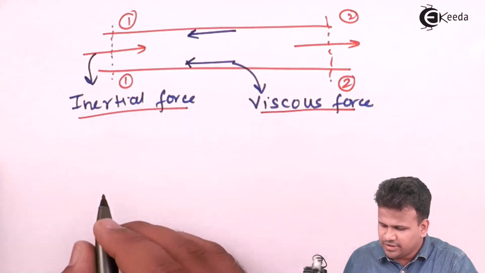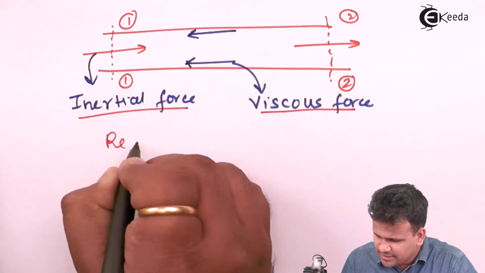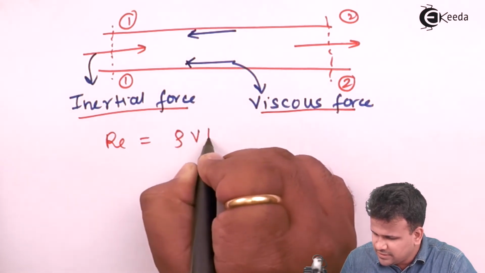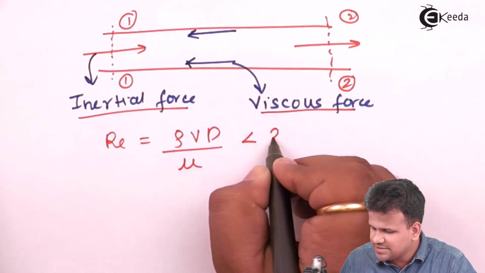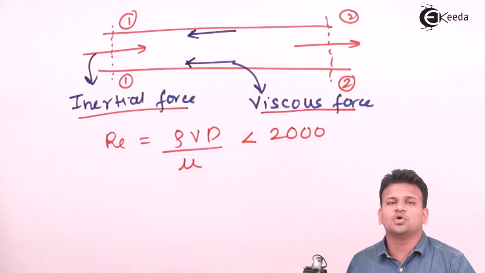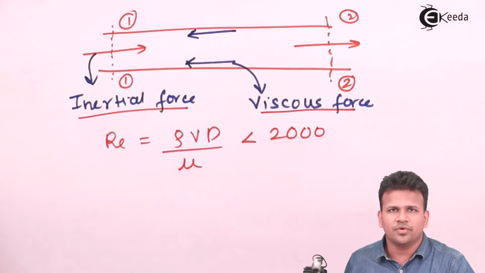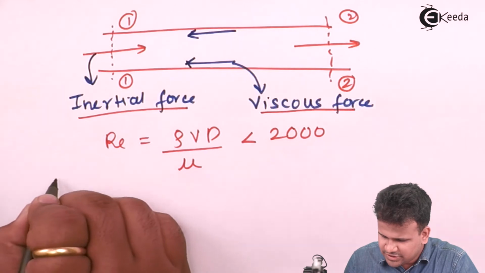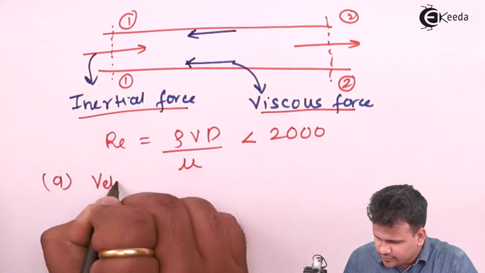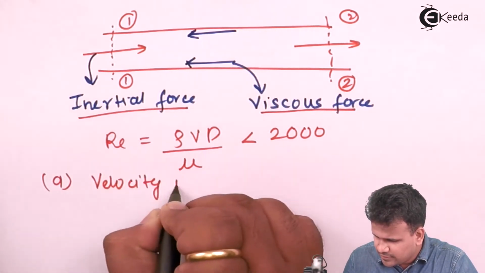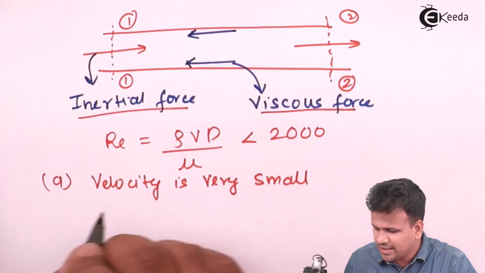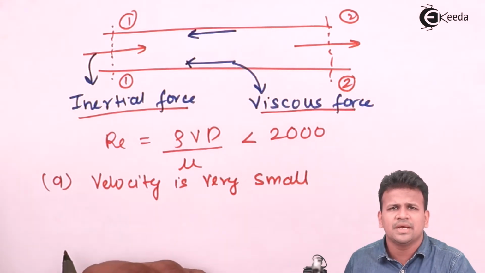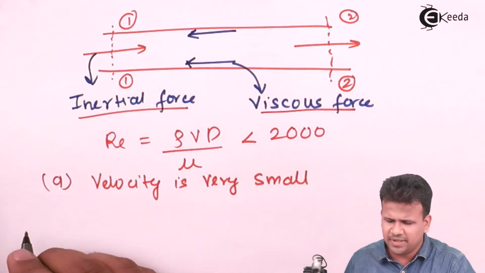Now, over here, we know that Reynolds number is equal to rho v d by mu. Over here, the Reynolds number should be less than 2000. Then the flow will be called laminar flow. Now, what are the conditions for laminar flow? First, the velocity, or magnitude of velocity, is very small; it is going at a very small pace.